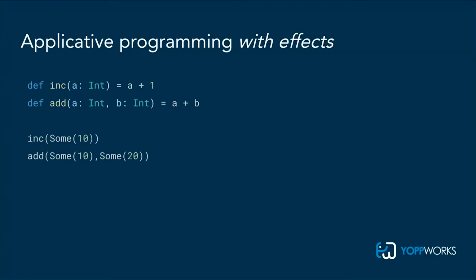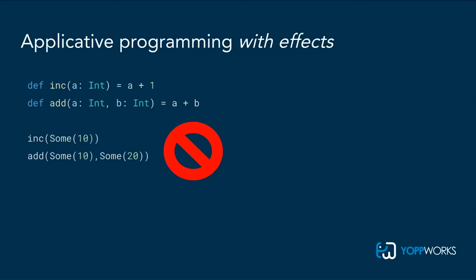So what is applicative programming with effects? The interesting part is the with effects at the end. This is the idea that we would like to take a pure function and apply it to effects. So the function has, say, 2 arguments or more arguments. We'd like to map it somehow. And we can't do that because the shape's not right. The types don't match up.